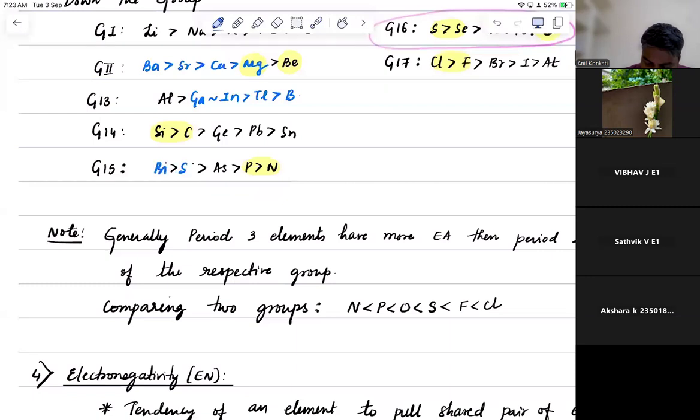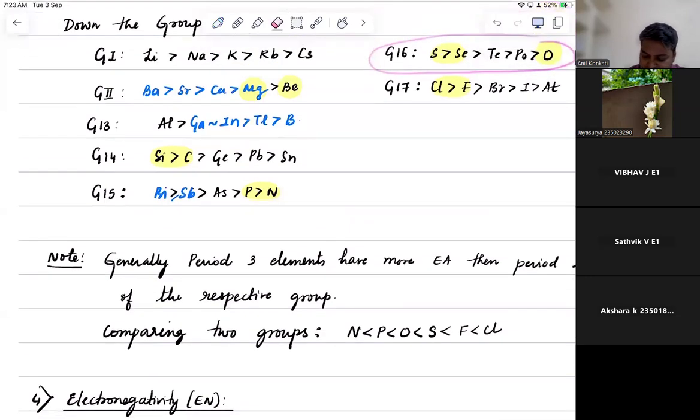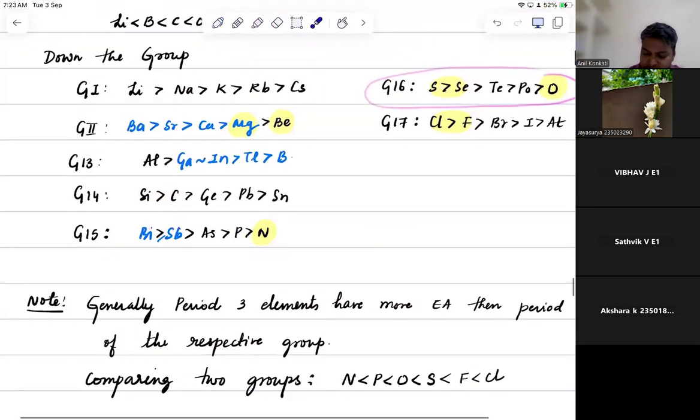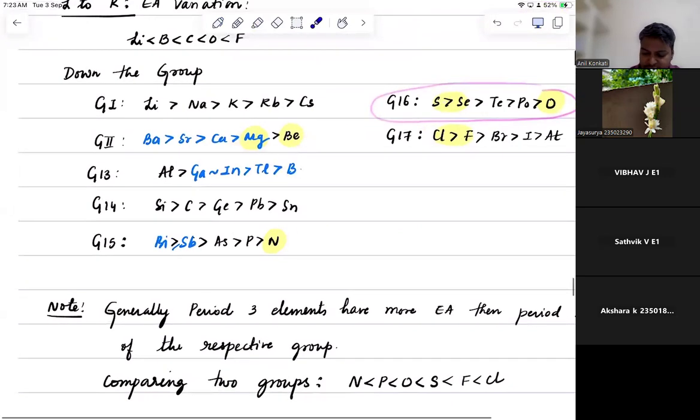Bismuth is slightly greater than antimony, and then arsenic, phosphorus, and nitrogen. Now, whichever I ticked here, that includes these cases, especially beryllium, magnesium, nitrogen. These cases, you should notice them as the cases where they are always positive electron gain enthalpy or negative electron affinity.